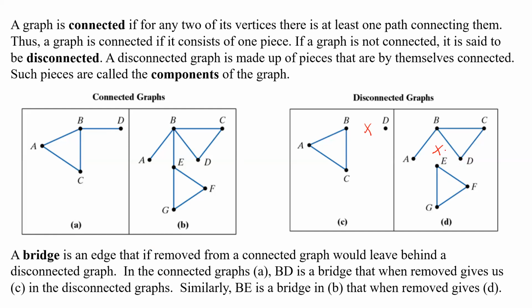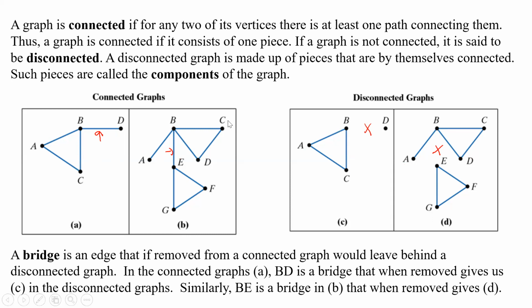Okay. Now, a bridge is an edge that, if removed from a connected graph, would leave behind a disconnected graph. And so this then is a bridge, and this then is a bridge. Like I said, in this one here, BD is the bridge, because when we remove it, it becomes disconnected. And here, BE is the edge that if we remove it, it's the bridge and it becomes disconnected.